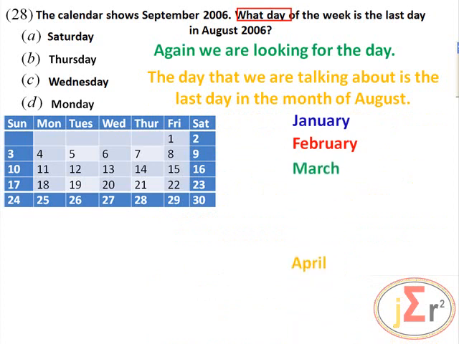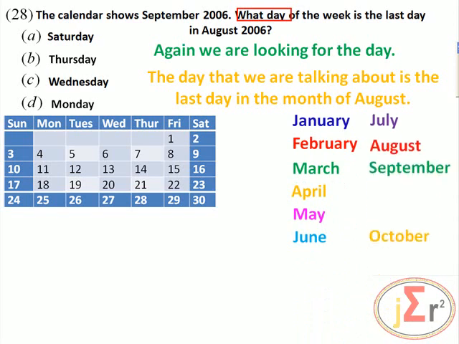And there we have the months of the year. January, February, March, April, May, June, July, August, September, October, November, December.